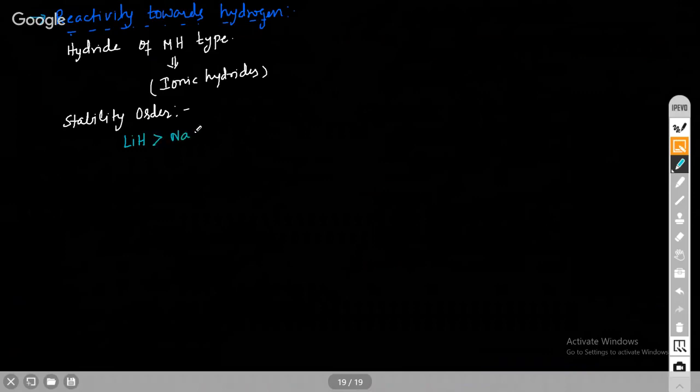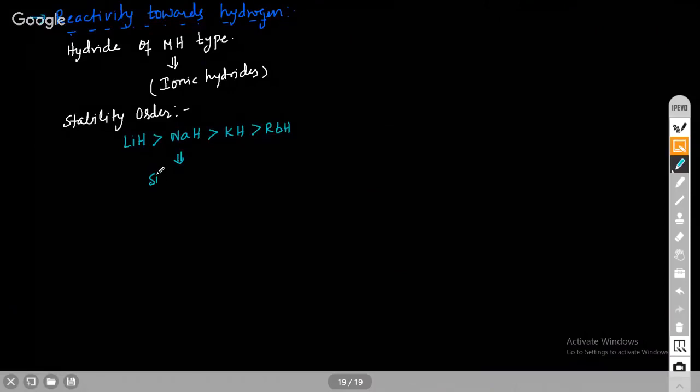LiH, NaH, KH, RbH, etc. And this is because of the size of the cation. Stability order or lattice energy also, the order is the same. Smaller size, higher the lattice energy.